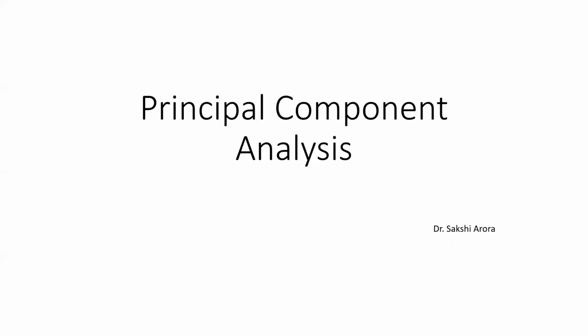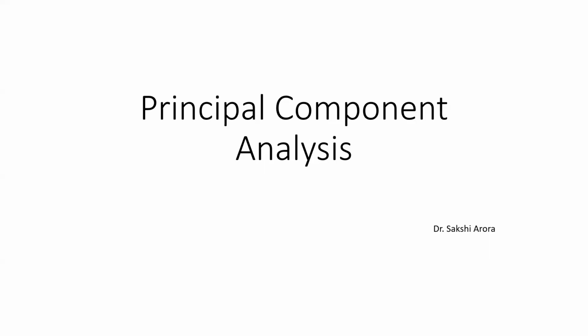Hello and welcome to the lecture on Principal Component Analysis. Principal Component Analysis, or PCA, is basically a machine learning technique which is the answer to the quintessential problem of machine learning, that is overfitting.